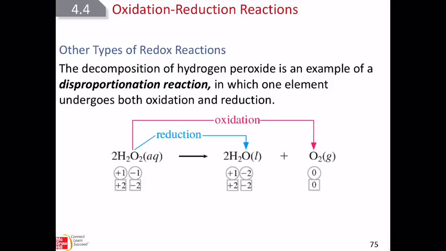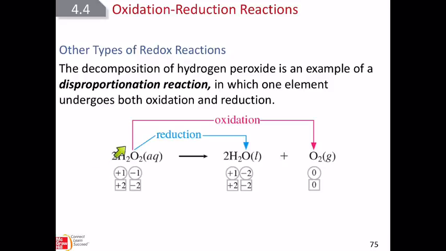You can also have what's called a disproportionation reaction. I won't test you on this, but this is kind of interesting. Here we have hydrogen peroxide decomposing to form water and oxygen. I'm sorry, it's not the hydrogen, it's the oxygen that's being oxidized and reduced.